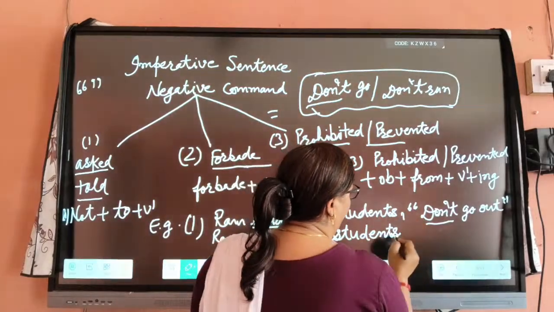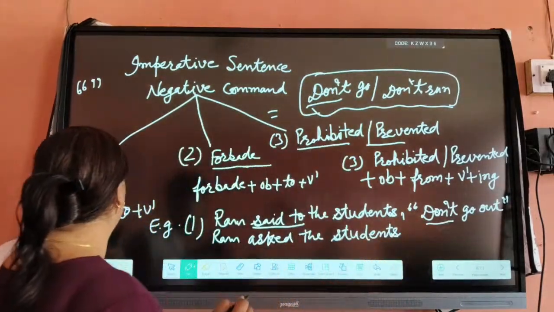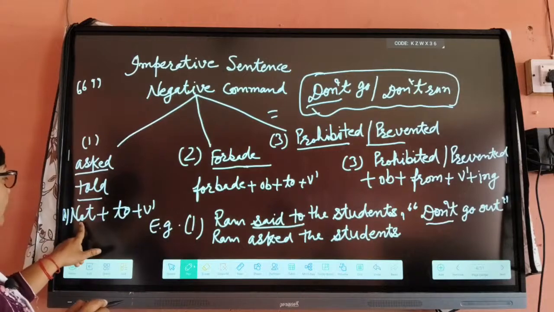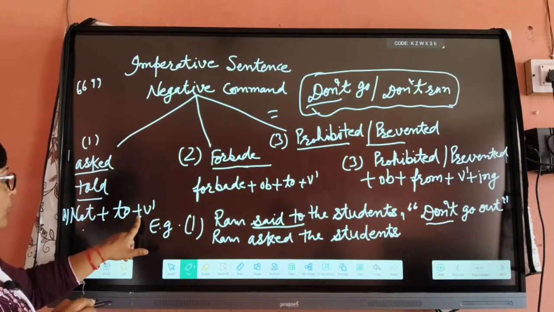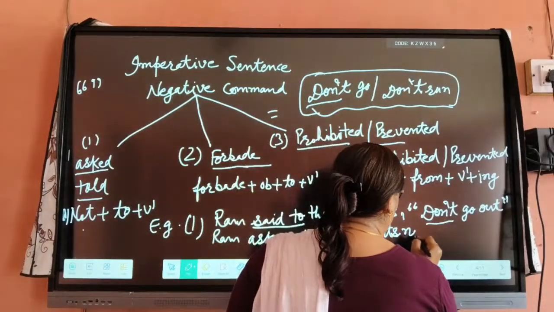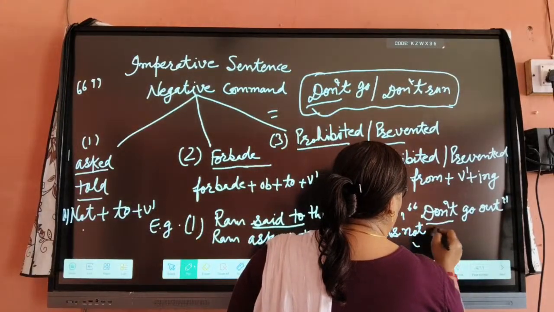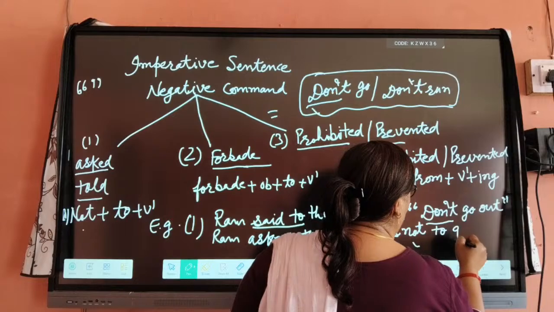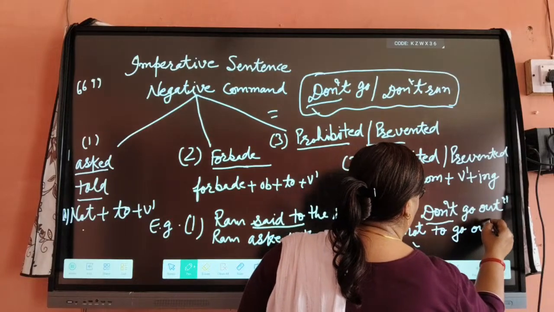Here, this is the rule we have to follow: we have to use not first, then to, then verb first form. Yes, we will use not to go out.